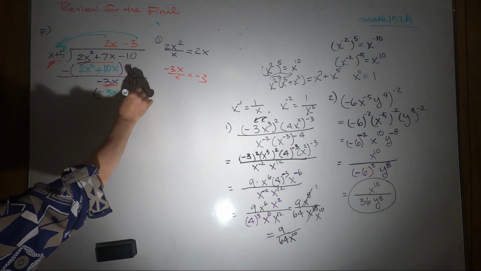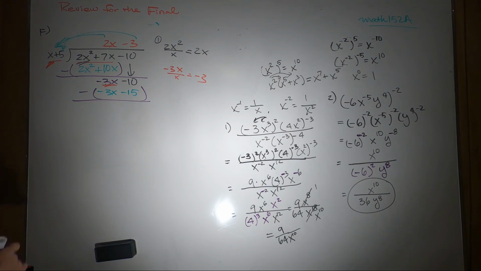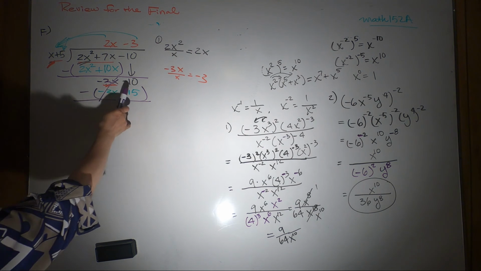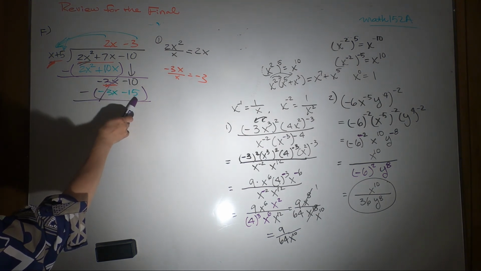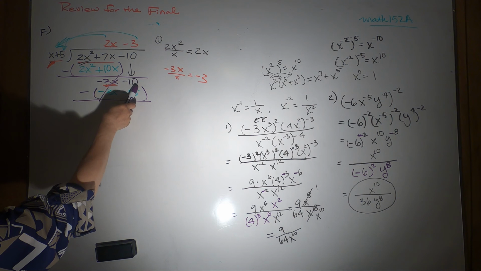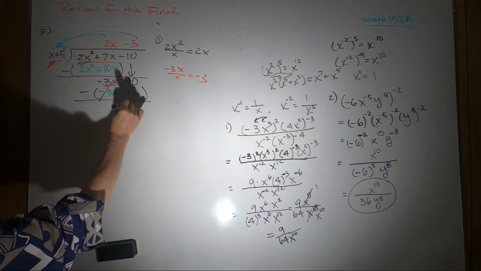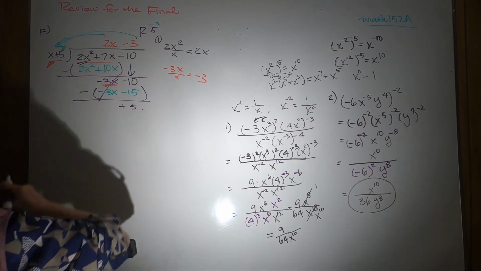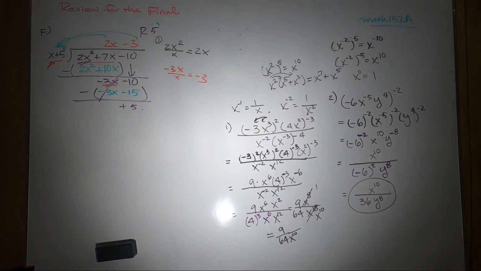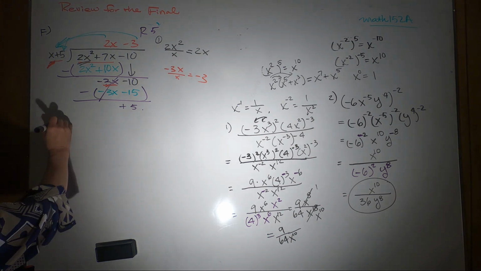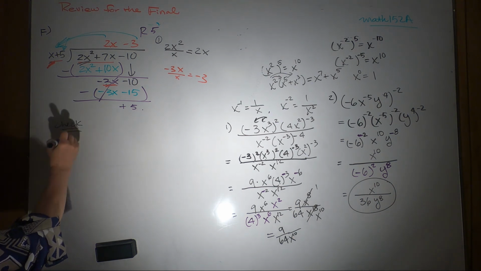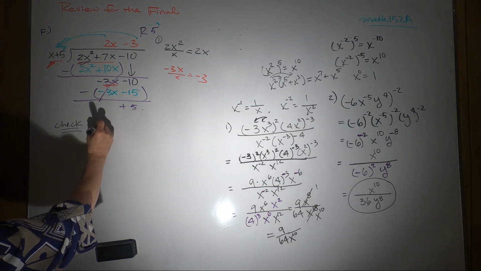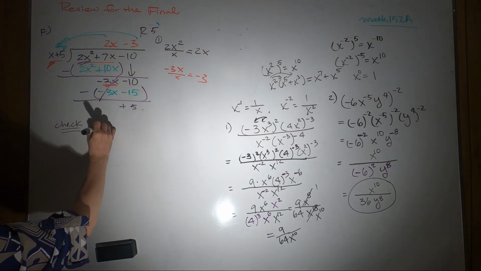Then we subtract them. Be careful. The first term always cancels out. But the next one, negative 10 minus negative 15 becomes what? Negative 10 plus 15 becomes what? Positive 5. So your remainder is 5. Right? Then for division, we also check. How do we check? We use the quotient, right?